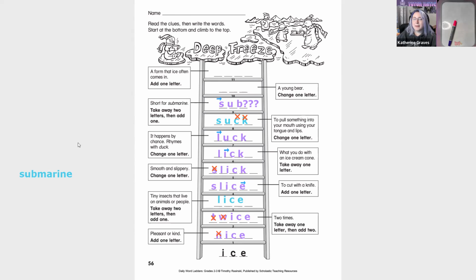If it is a baby bear or a young bear, we call it a. What would we call it?